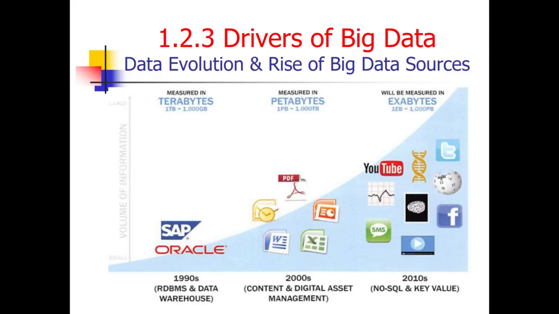Later, in 2000, content and digital asset management comes into the picture. Content is stored in PowerPoint presentations, Word documents, Excel sheets as well as PDF files. Generally we can measure this data in petabytes. After that we go to 2010.